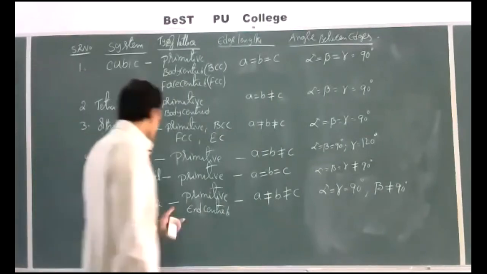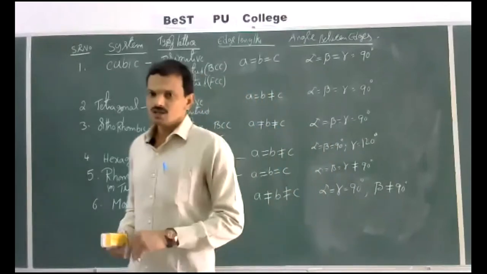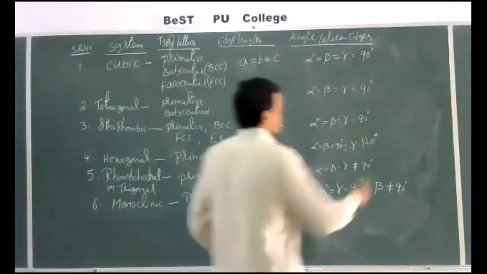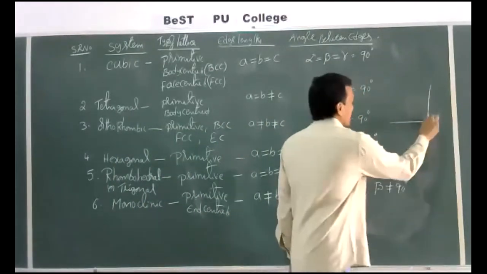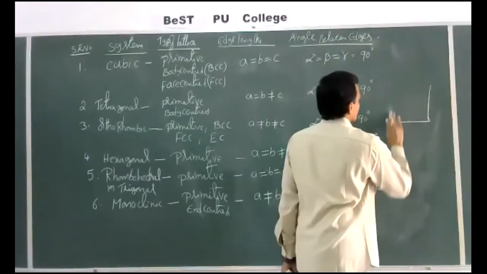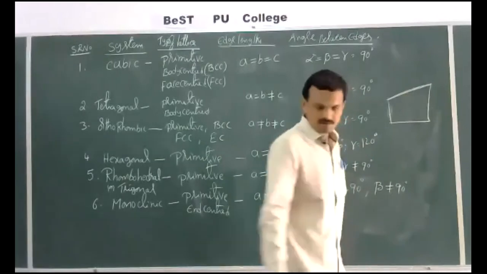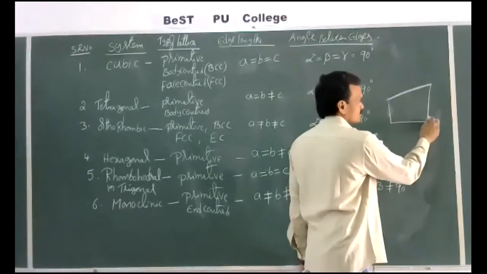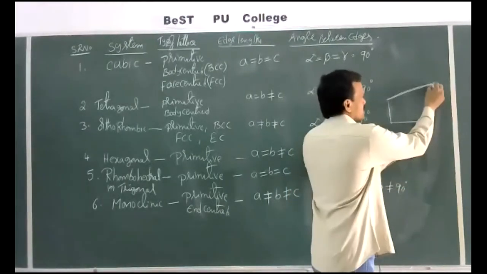Just like this, we can compare with our television set. So in the television set, if you observe, the base will be there like this. This is the base and this is the front screen. And if you observe, the back screen will be like this. Then here two angles will be equal to 90. So this angle is equal to 90, and here this plane is their screen now.